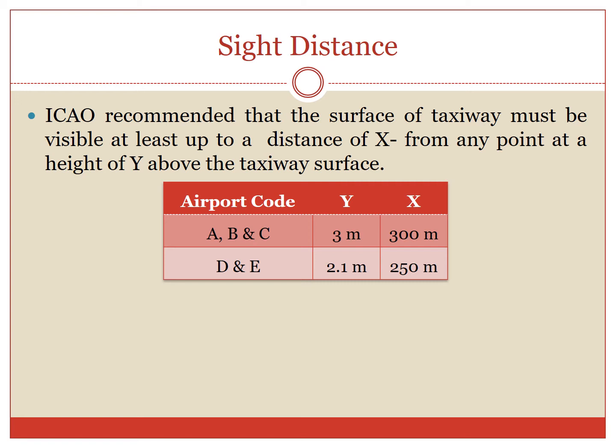So in the table we have, where change in slope of a taxiway cannot be avoided, the change should be such that the surface of the taxiway must be visible from 3 meters height for a distance of 300 meters for aircraft type A, B and C, and from 2.1 meters height from a distance of 250 meters for D and E type of aircraft. This is sight distance.